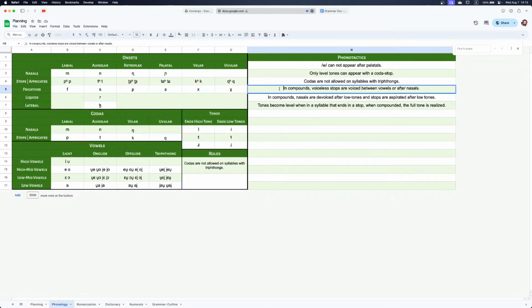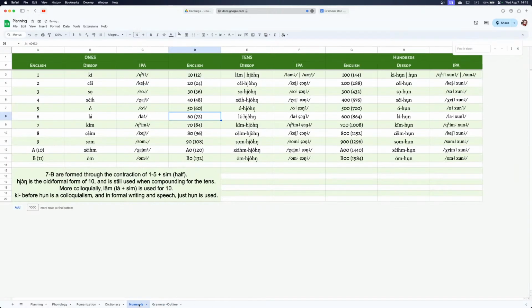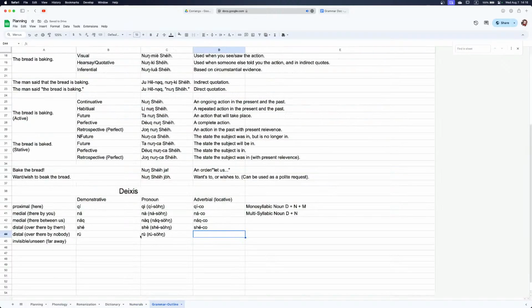In compounds, voiceless stops voice between vowels or after nasals. Voiceless obstruents. Let's expand that. So this is Ruzong. Zong. Ruko. Ruko.